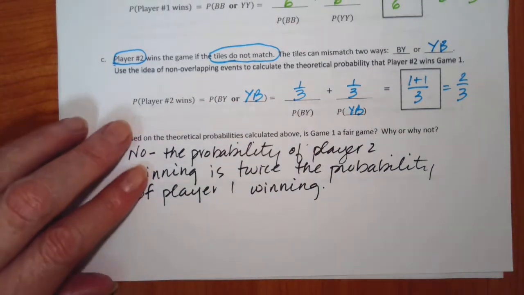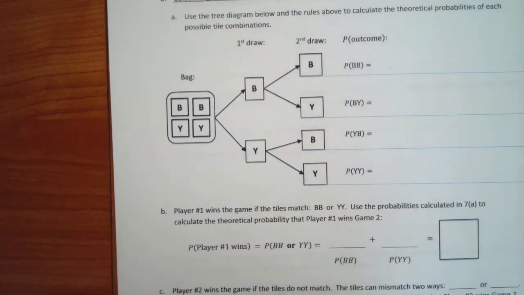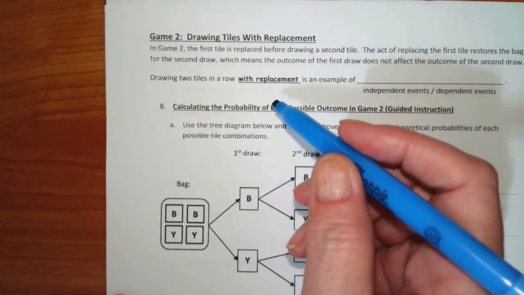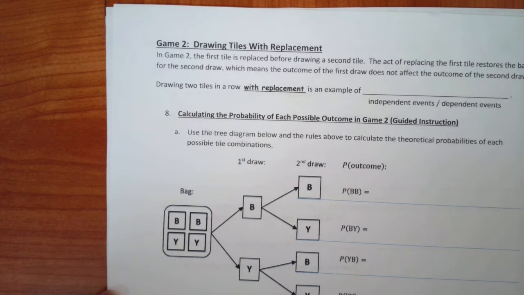Okay, so now let's see what happens when we do it with replacement. Okay, so with replacement means that we're starting out with our 4 dots.